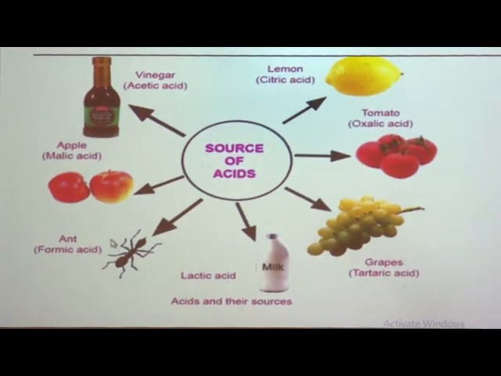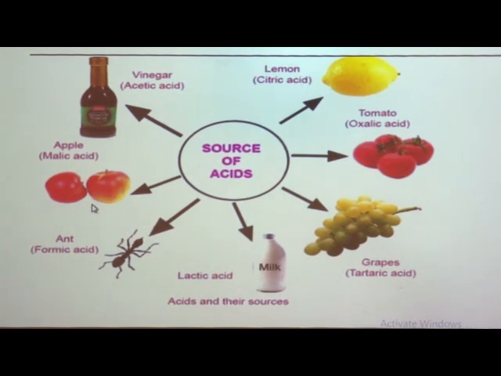Listen students, you have to see this because there is table number 5.1 in which you have to mention in which type of substance or food there is which type of acid. Here the answer is given. Listen carefully. In milk there is lactic acid. In ants there is formic acid. Whenever an ant bites us, it injects this formic acid.